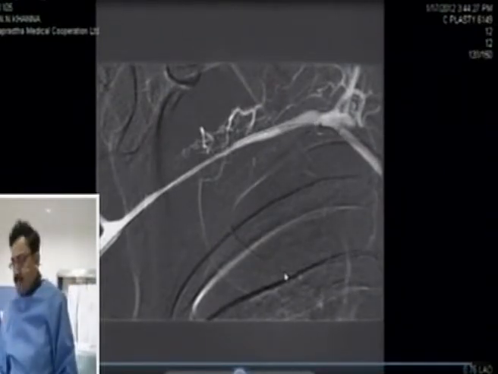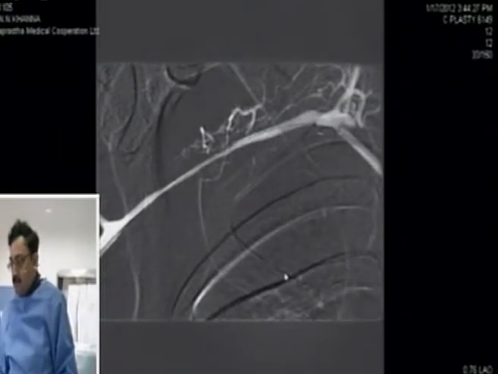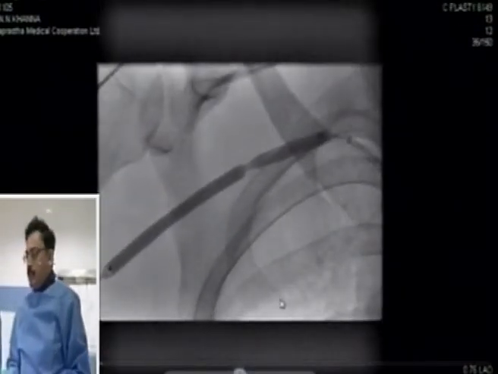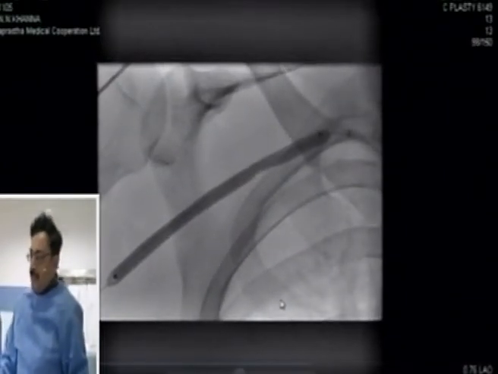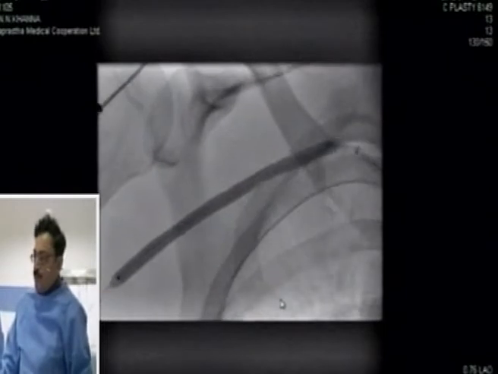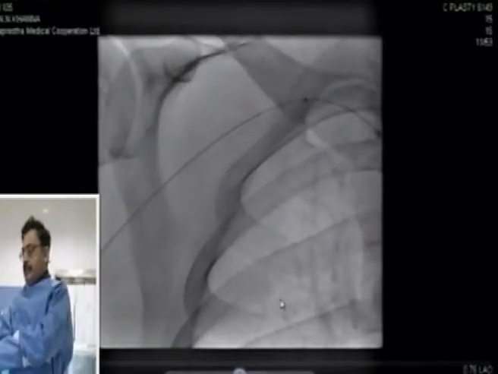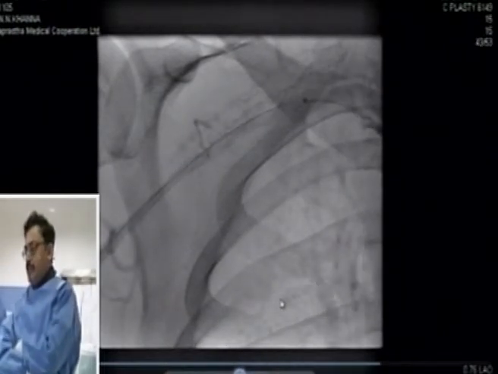Next, please. So this is a balloon from Invatec. This is a 120 millimeter by 4 millimeter Amphirion balloon, and you see how tight the stenosis is. We had to really go up to a pressure of 12 to 14 atmospheres.